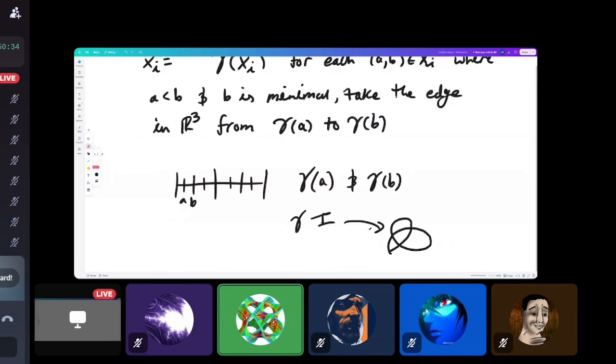It takes gamma of A to this point here and gamma of B to this point here. Then we just take those points and draw a line between them. These give us an approximation of our knots.